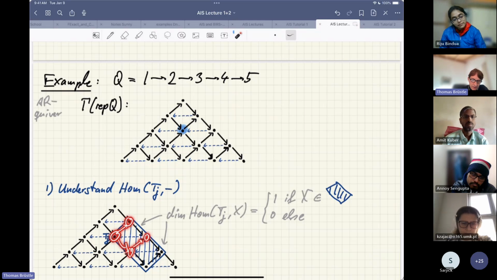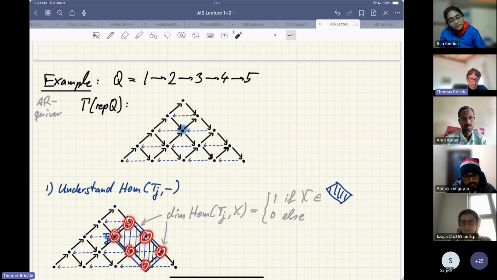There's another morphism into here, but along that dashed line, I have commutativity. So the morphism space is one-dimensional from Tj into this module, into that, into this, and into this module. And in the same way, I can go down here.